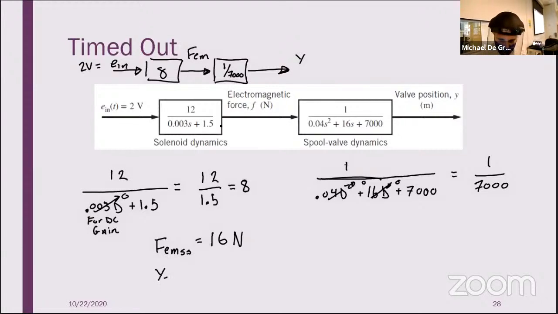What about my steady state spool valve position? You're looking at the block diagram. How do I find my spool valve position? I'm looking for Y. What's Y? You don't have to give me a number. Just tell me how you get it.